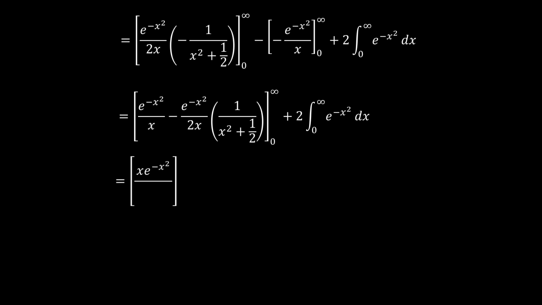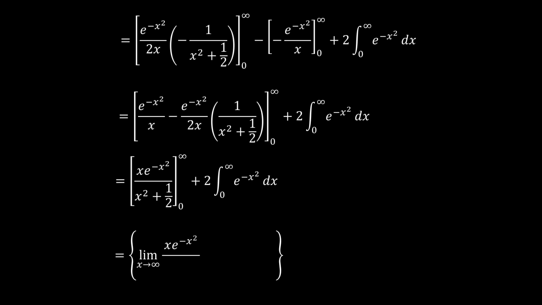Simplifying this further results in x times e to the power negative x squared over x squared plus a half. Now this is the same as the limit as x tends to infinity of x times e to the power negative x squared over x squared plus a half, minus the limit as x tends to 0 of x times e to the power negative x squared over x squared plus a half.